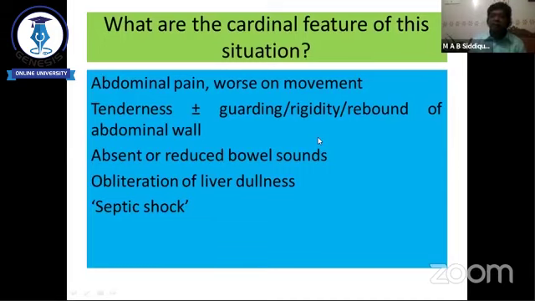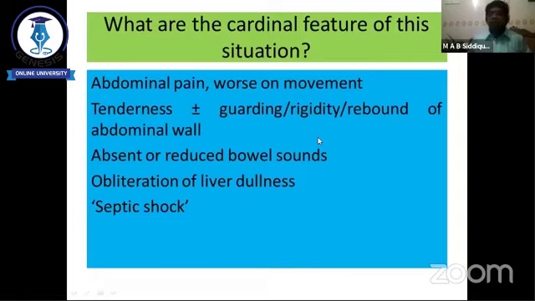When the patient feels pain in the abdomen, he may guard or resist, but that is not a feature of peritonitis.